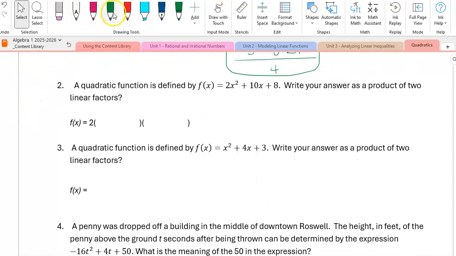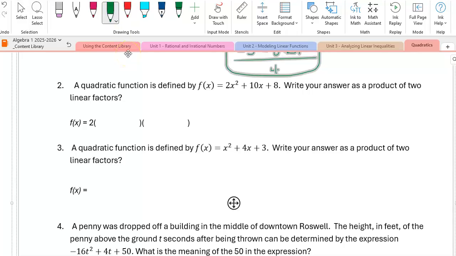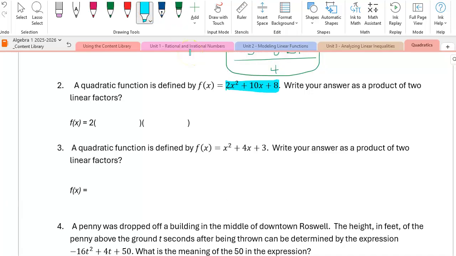A quadratic function is defined by another equation. Let's put this into Desmos in a minute. Let's see what we're looking for, though. Write your answer as a product of 2 linear factors.